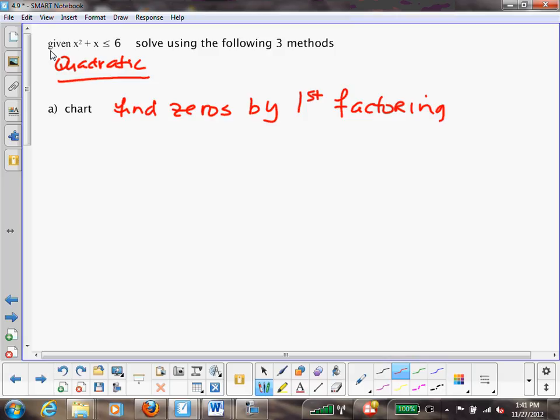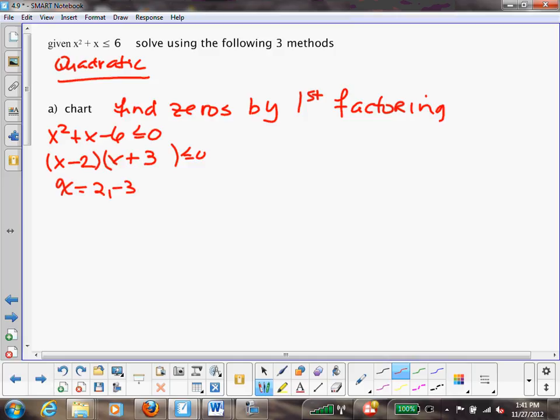Therefore, we're looking at this as x squared plus x minus 6 less than or equal to 0. All right, factoring should be a no-brainer. x minus 2, x plus 3. That means my zeros are at 2 and negative 3. Agreed?